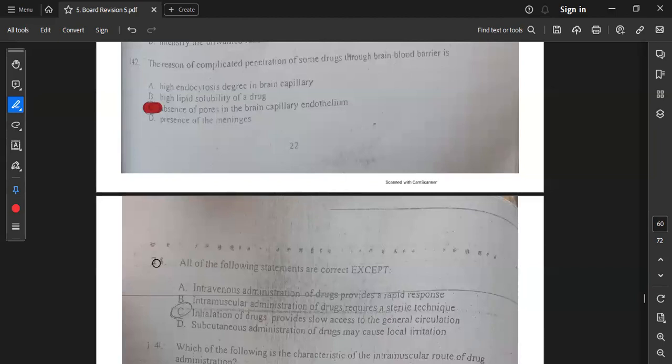I think we're sure about this. Maybe we can contribute on this. The blood-brain barrier has endothelial cells, pericytes, capillary basement membrane, and astrocyte feet that help in filtration.